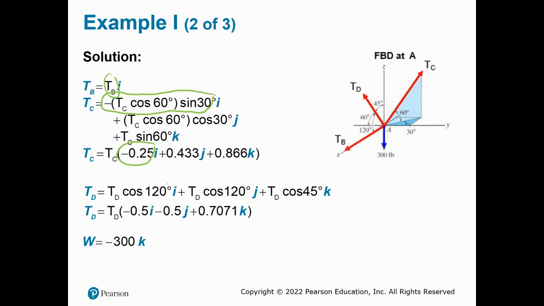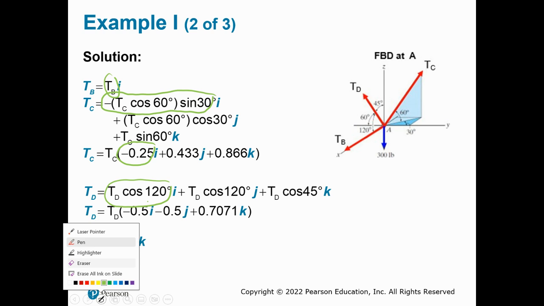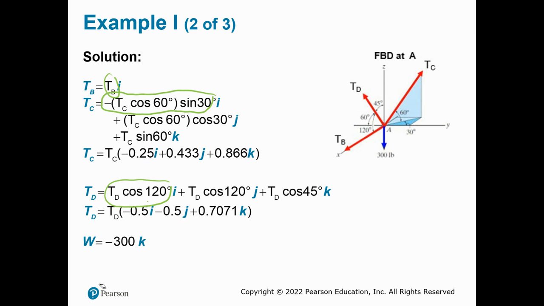Oh, I missed the D. So you also need this one as well. So this one here should be, yeah, sorry. So TB, TC component, and the TD, the I component, all of their I components go together.